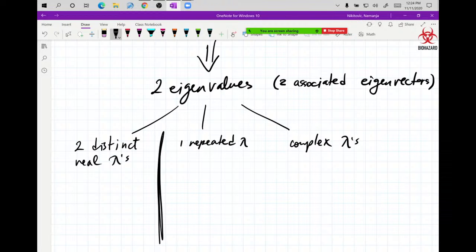What happens if it's non-zero of opposite sign, both negative, both positive, and then 1 zero, 1 negative, 1 zero, 1 positive. So we have now 5 different cases here, and we have 3 cases here, and we'll see what happens with these ones.